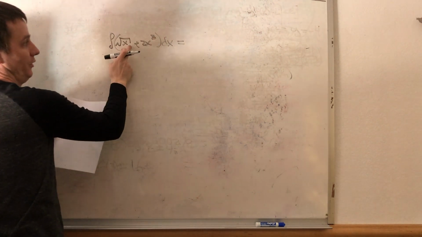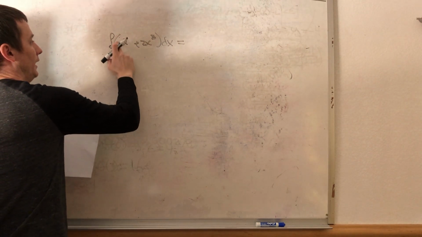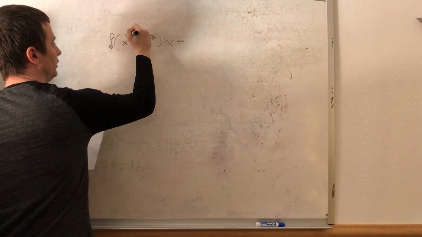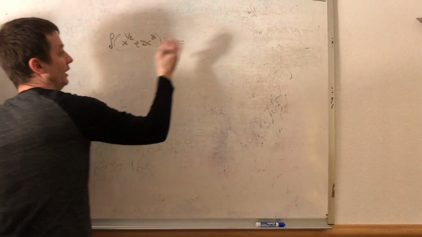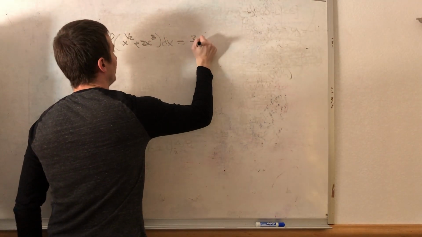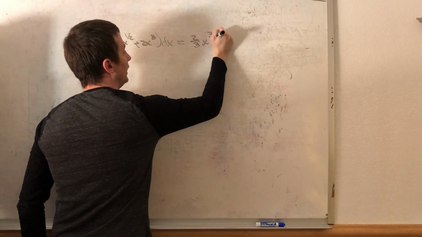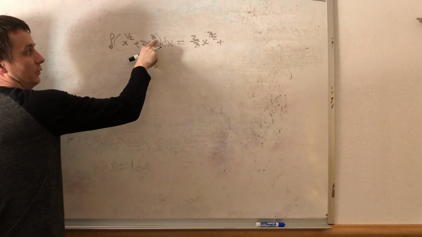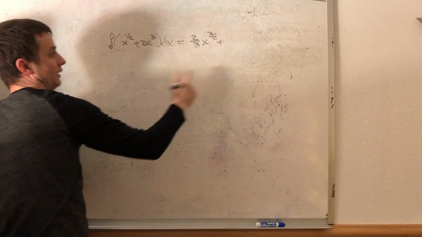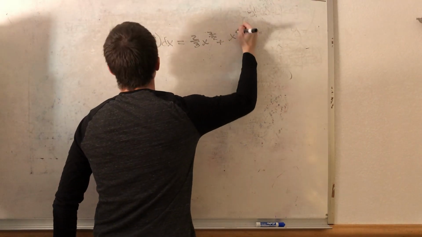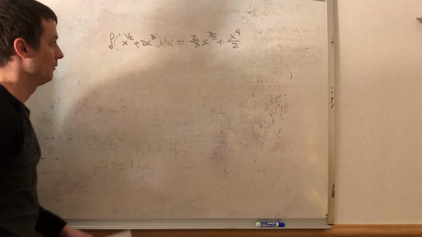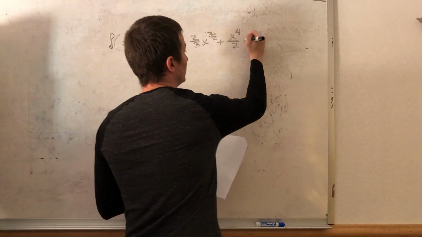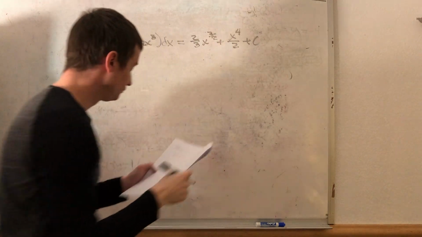You can rethink about the square root of x as x to the 1/2 if that helps you integrate it. So plus 1 and divide. When we add 1 to that, we get 3/2. So that's going to be 2/3 x to the 3/2. Plus, when we add 1 to 3, we get 4, and the 2 is going to cancel out. We're going to get x to the 4 over 2 now instead of 4 because 2 of it was taken out by that. And then plus c for our remaining constant.